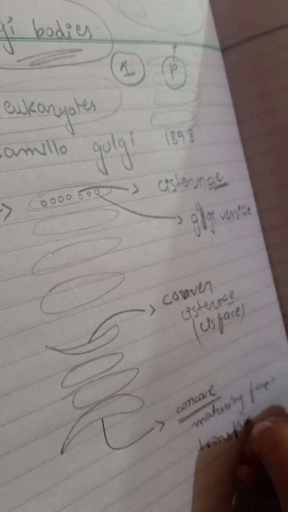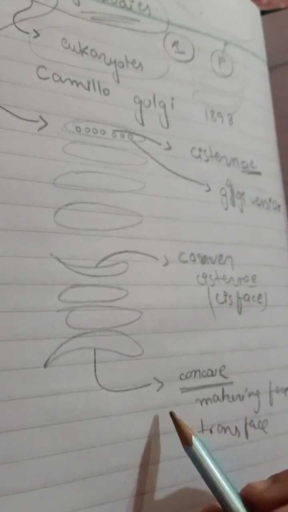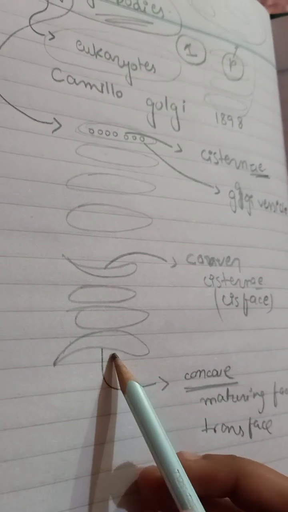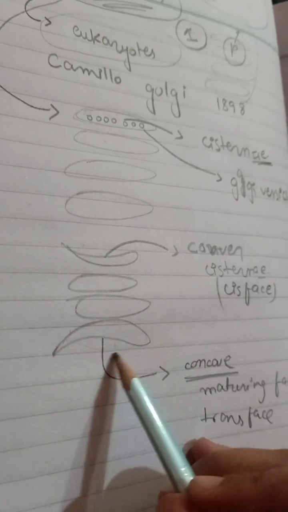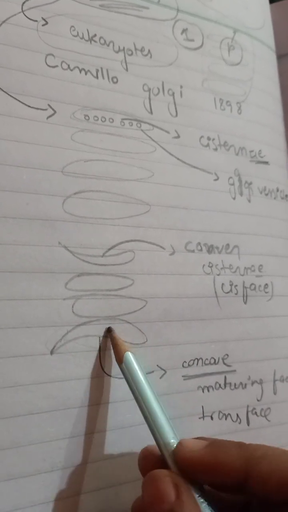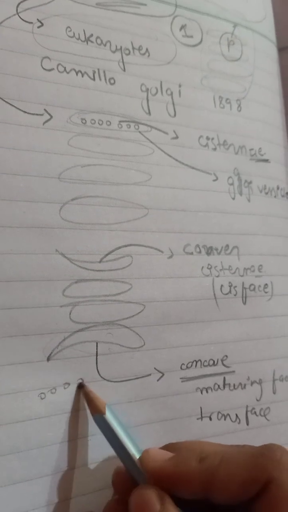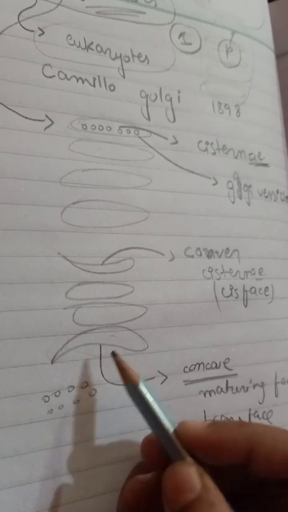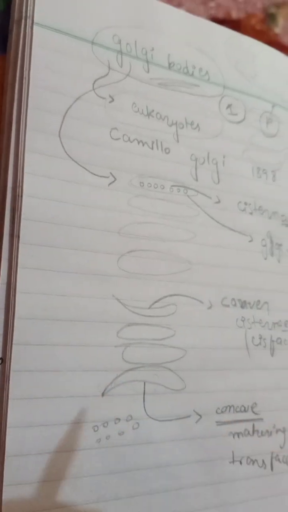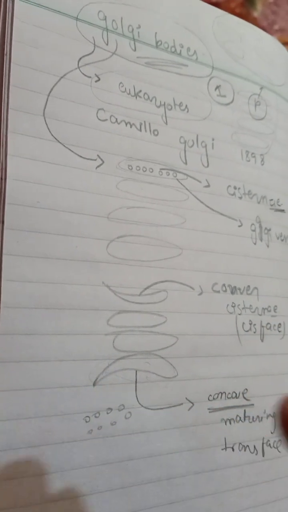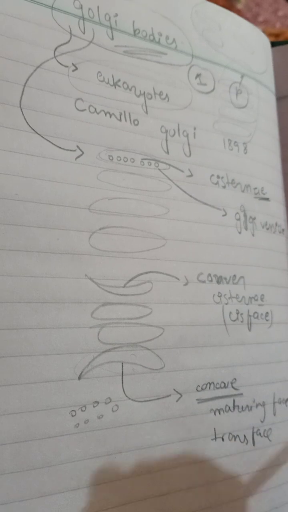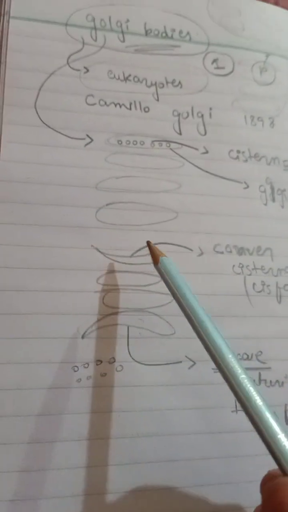Here the cisternae basically break into vesicles. In maturing, the cisternae break into vesicles, and vesicles make the cisternae, as you all know. The convex cis face is near the cytoplasm.